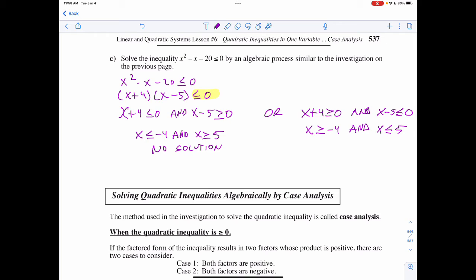And that means that anything in between negative 4 and 5 fits both of those requirements. And there's a solution region that works, which means that the solution is negative 4 is less than or equal to x, which is less than or equal to 5.